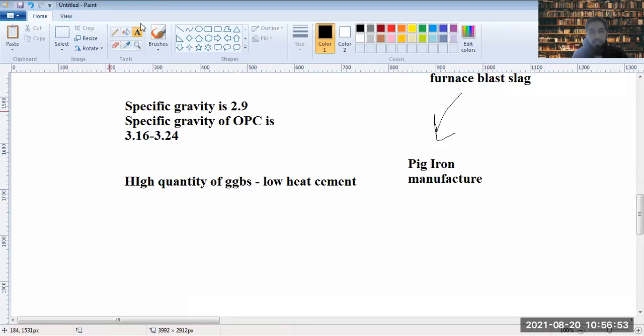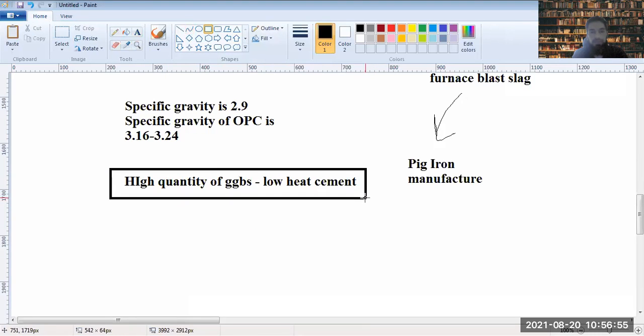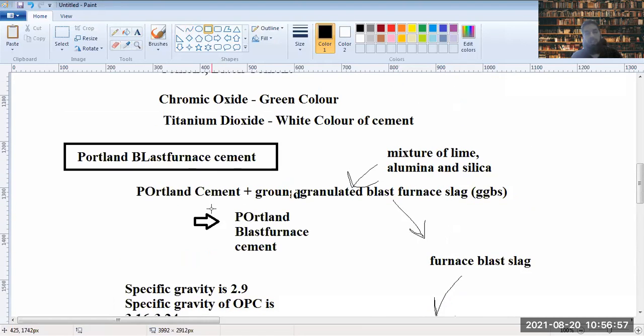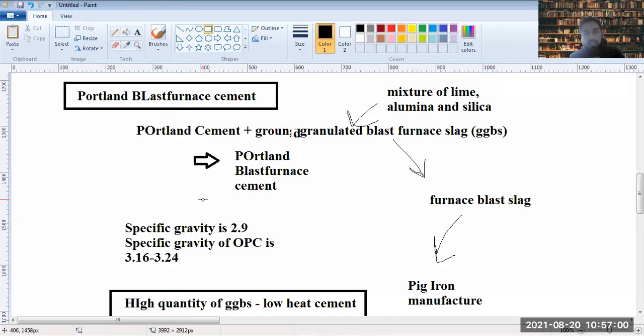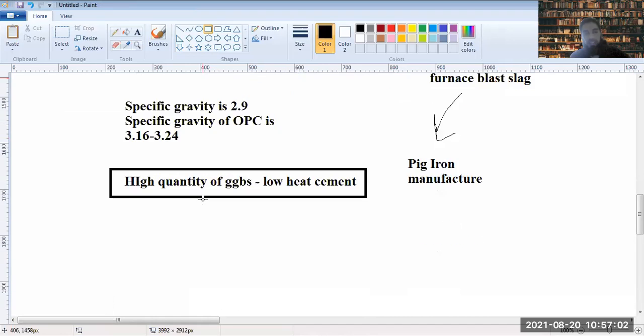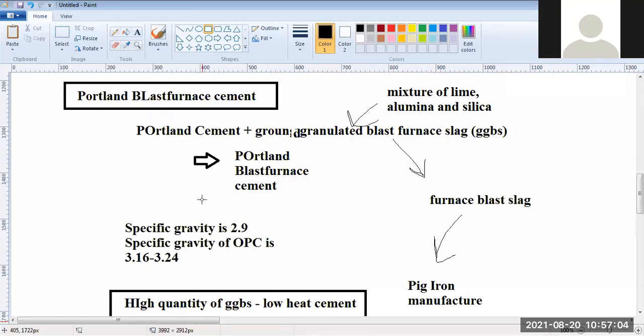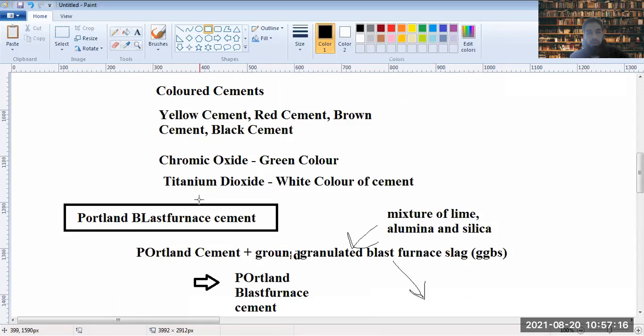Now that low heat cement that we already discussed, this is actually aiding in decreasing the heat of hydration because the Portland cement would react first. Now, if the quantity of the GGBS is increasing, the rate of heat of hydration would decrease, so thereby it would lead to a low heat cement.